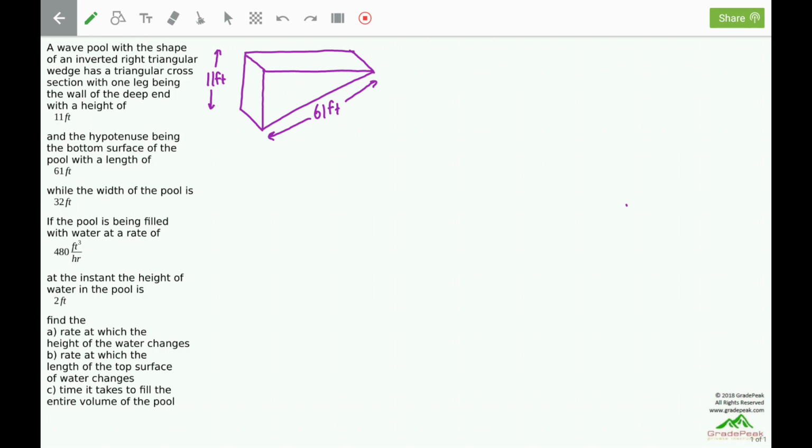We're filling this with water. So water will be starting to fill in there, and it will take the shape of a triangular wedge, though not as big as the pool.